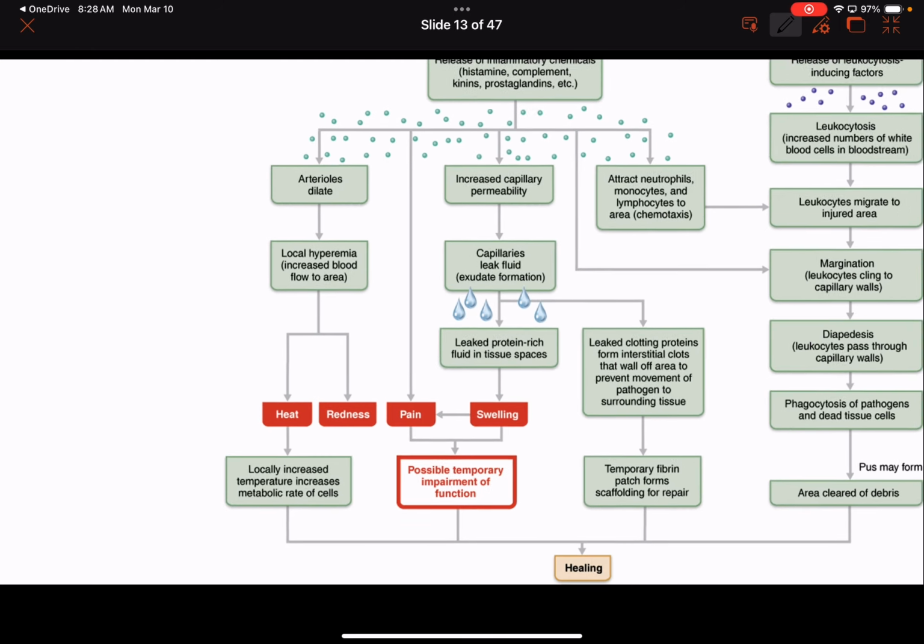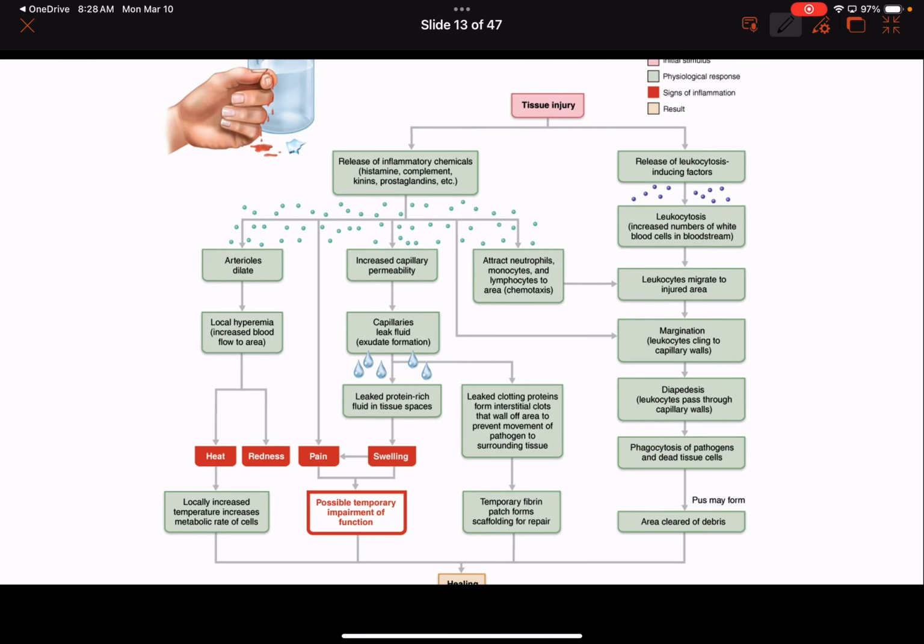But what's happening is here you have tissue injury is what happened first. Okay, whether it's a nail or a piece of glass or whatever it is that penetrates your skin, that tissue injury is going to cause the release of inflammatory chemicals like histamine and other things that we're not going to get into, histamine being the one that causes permeability and causes the release of fluid.